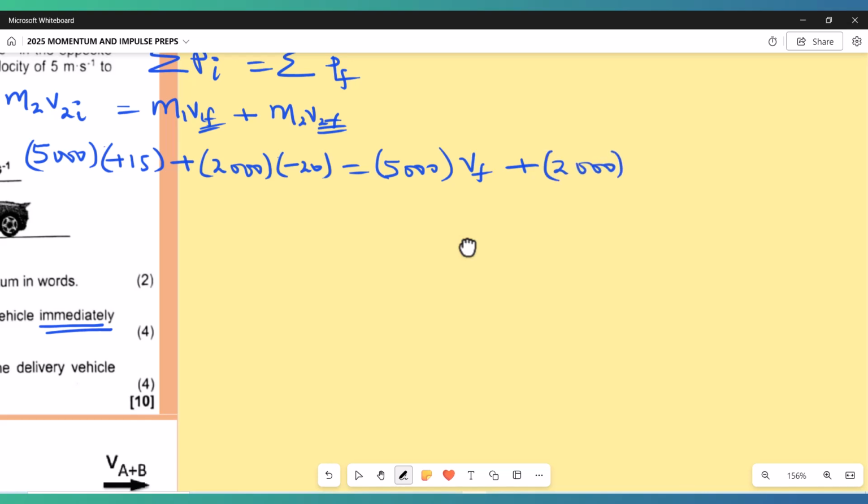What about its final velocity? They gave us 5 meters per second, so this is positive 5 here.